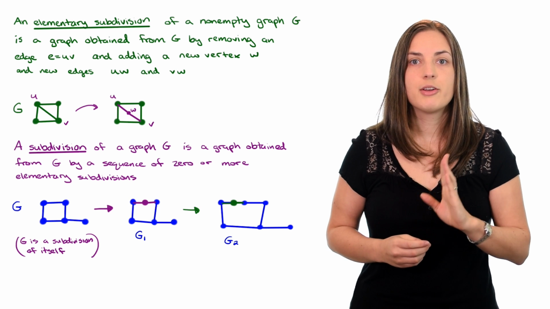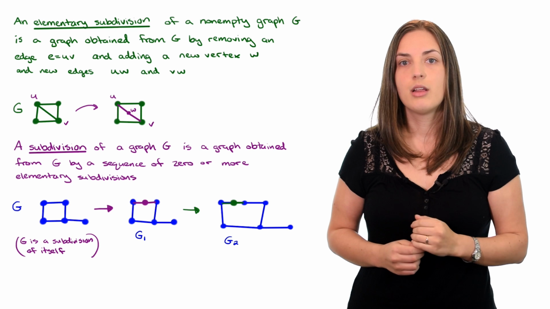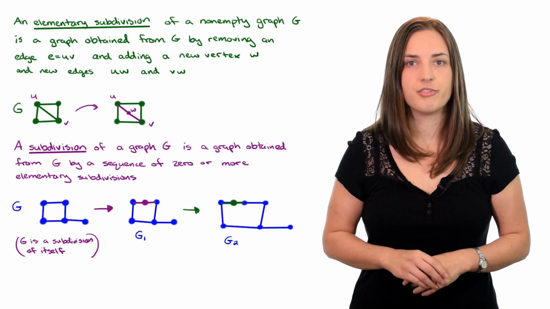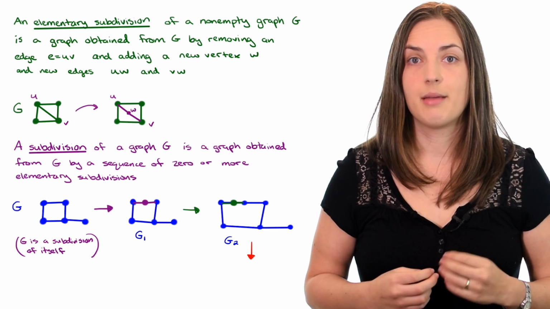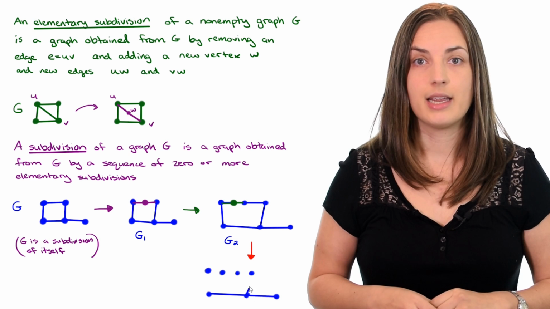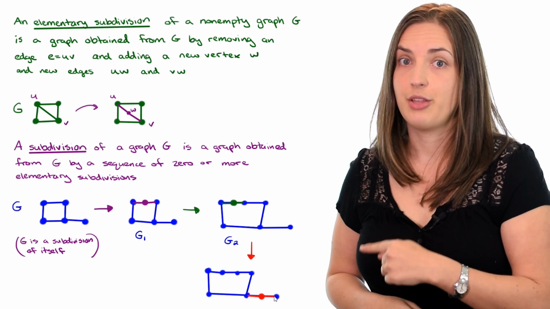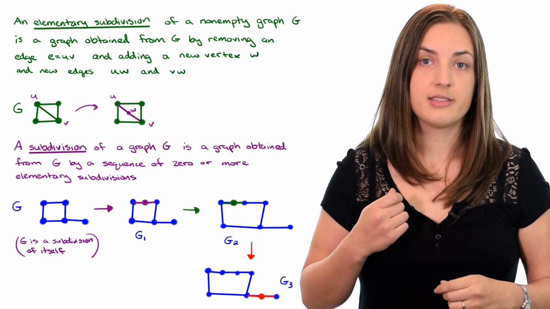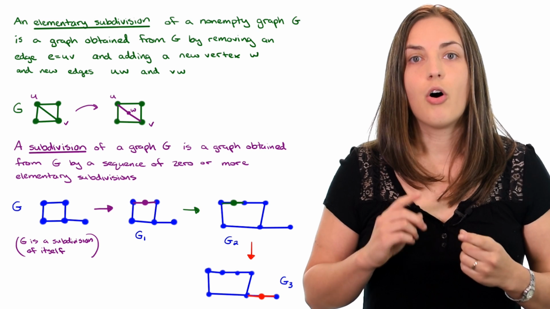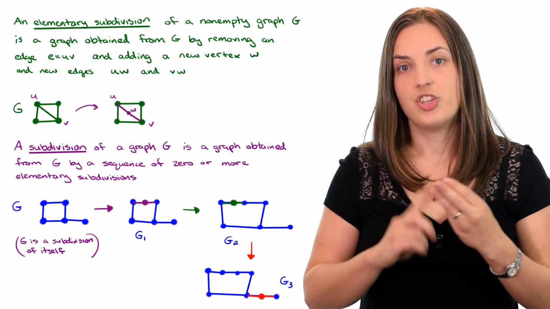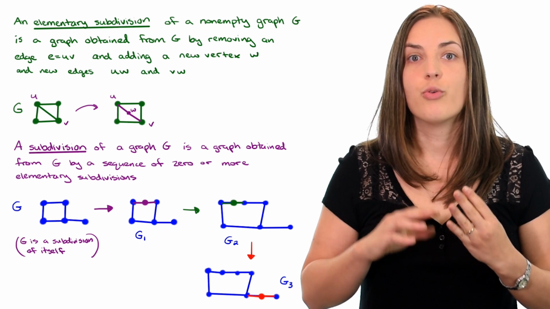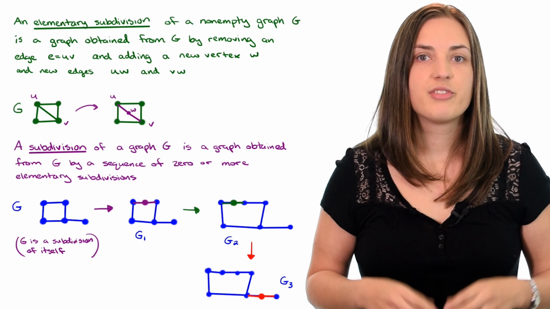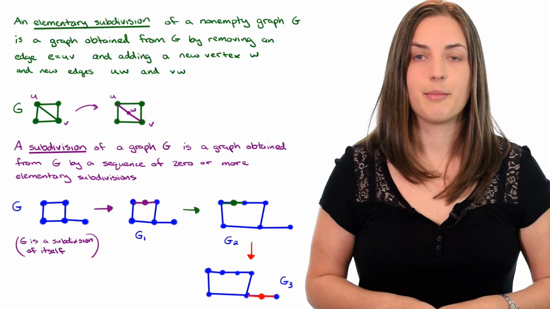G2 is not an elementary subdivision of the original graph G, but it was obtained from two elementary subdivisions, so we call it a subdivision of G. We can also keep taking elementary subdivisions of any edge we like, so I'll do one more to represent G3 as yet another elementary subdivision, in this case from G2, and now all of G, G1, G2, and G3 are known as subdivisions of the original graph G. And we could have done this in many ways. This is just a particular example.